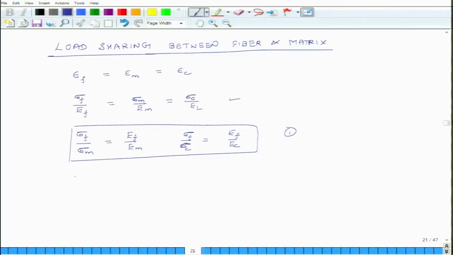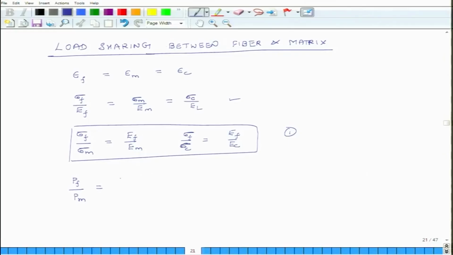Now, we want to find the ratio of loads, because we are interested in how much load is being shared, because ultimately what we apply is load. Suppose I apply 20,000 newtons of load, I want to see how much is being taken by fiber and how much is being taken by matrix. So, Pf is the load shared by fiber, Pm is the load shared by matrix.